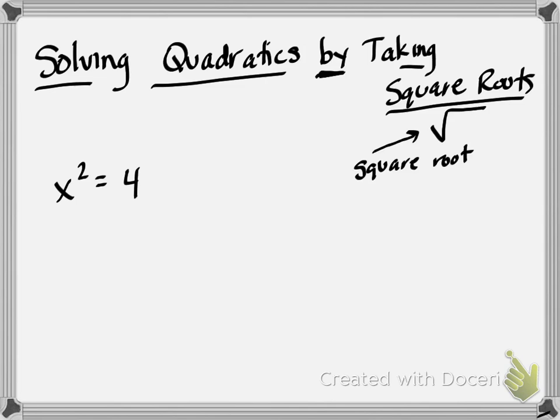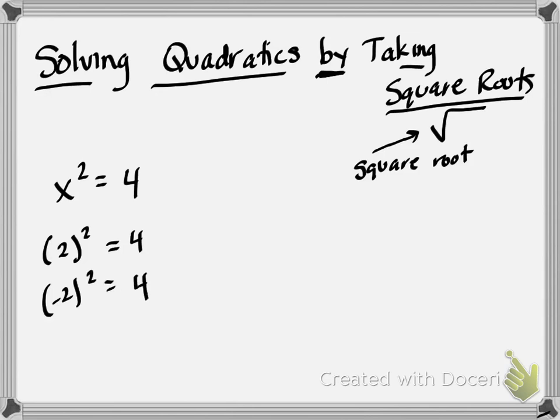If we look at this problem right here, we have x squared equals 4. We're trying to figure out what I can plug in for x so that when I square it, I get 4. It turns out that I can plug in two different values and still get the answer of 4.